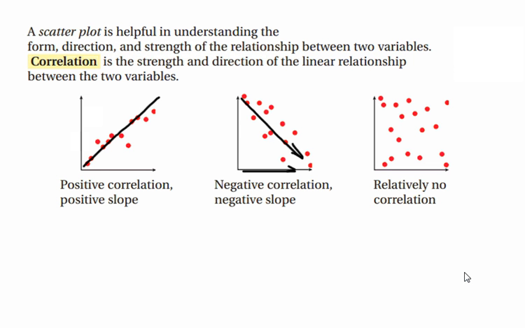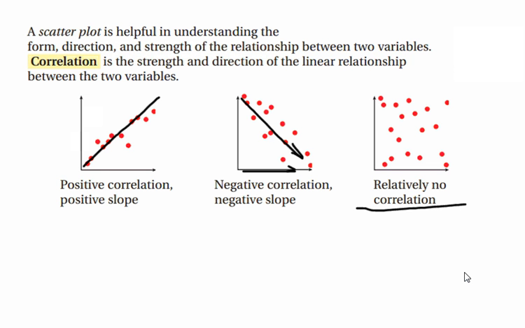That's a negative slope, so it has a negative correlation with the data. If things are just scattered all over the place, as you see in this third example, we say that there's relatively no correlation. So we're going to look at some examples of real stuff that fits into all three of these models, but I'm sure you can probably think of a few on your own.